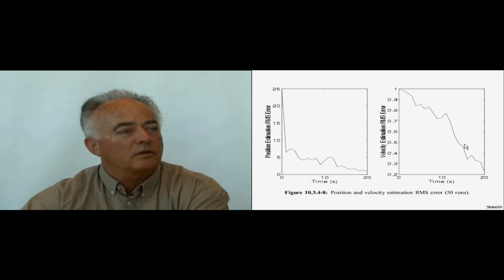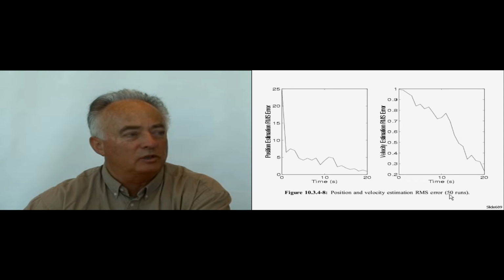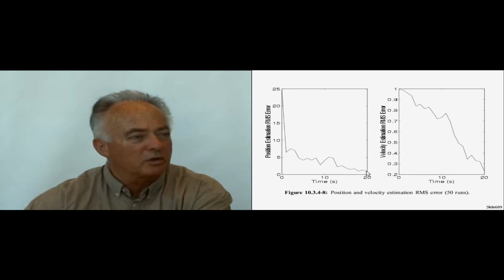The other issue of interest is not just the normalized errors, but the absolute errors. So we have the root mean square errors, and we have again 50 Monte Carlo runs, and the position estimation RMS error starts with a fairly high value of 25, eventually it goes down to a pretty reasonable number somewhere in the range of 1.